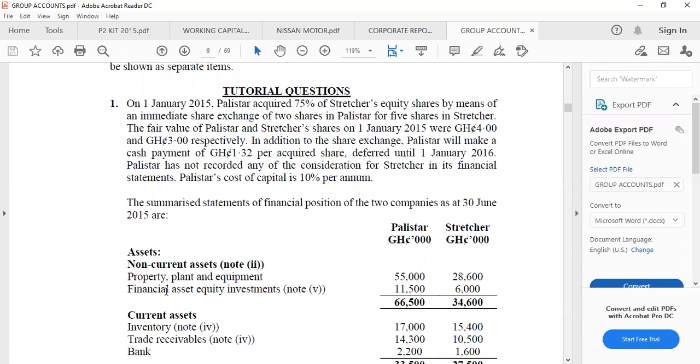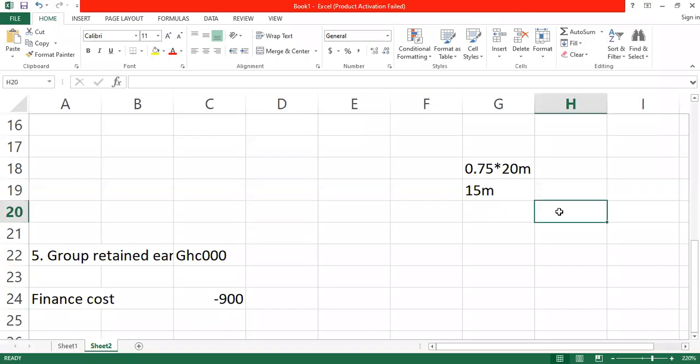The deferred consideration, is it a liability to the parent? Yes, it is a liability. But as at the day they are buying the subsidiary, the liability was 18,000.